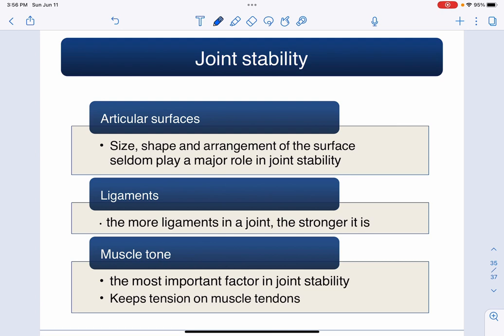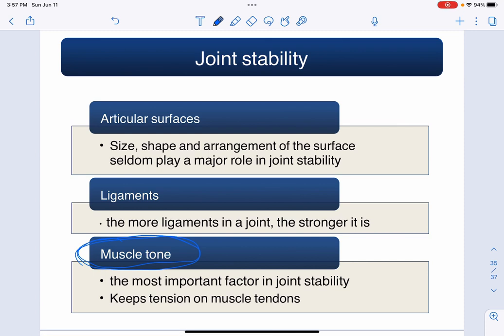Now, ligaments that surround the joint do help a little bit, and they do create a stronger joint. However, the most important feature to joint stability is having muscle tone. That is actually what creates the most stable type of joint.